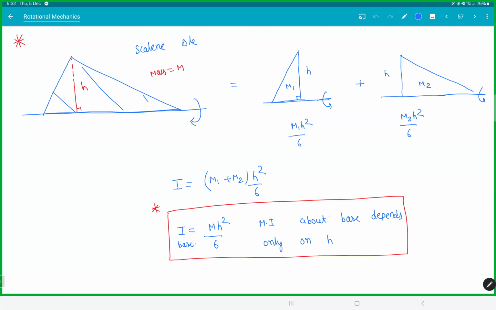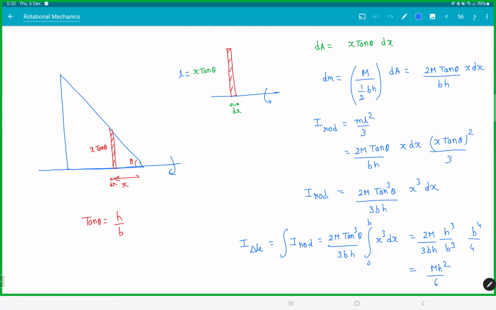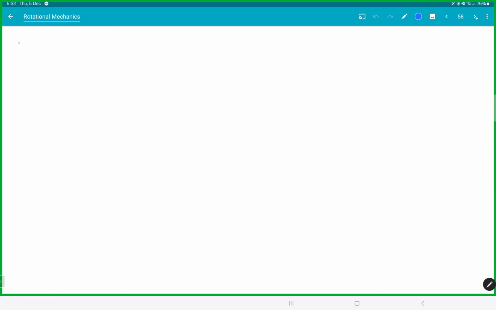Great. So the last thing we did was the moment of inertia about the base. Let's go ahead with the question. Let's say this is your axis.